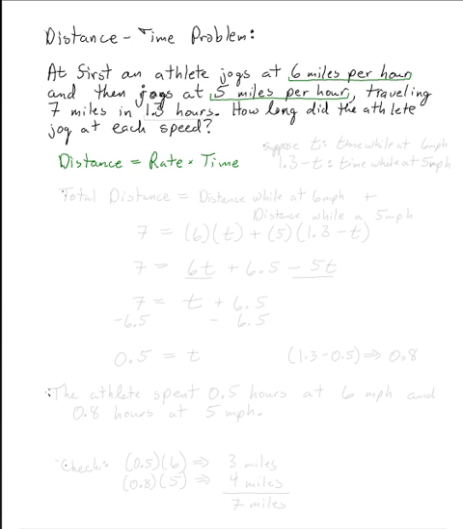So what I'm going to do here is I'm going to say that the total distance, let's think of the total distance as being the distance while at 6 miles per hour plus the distance while at 5 miles per hour.